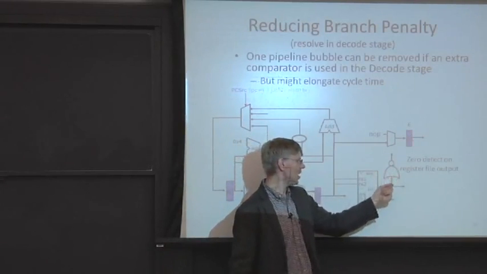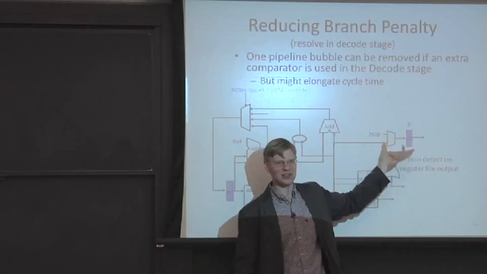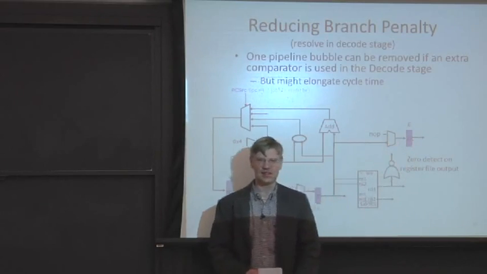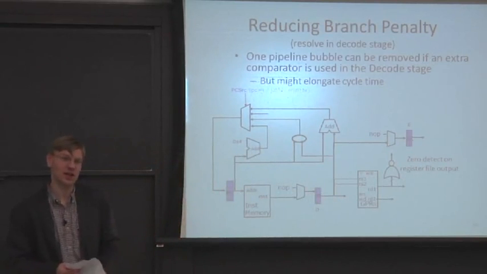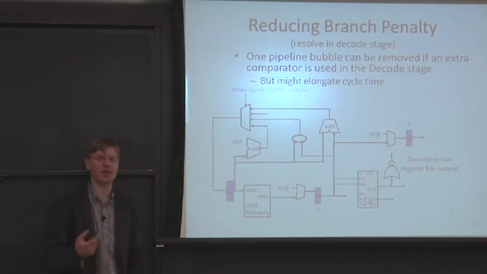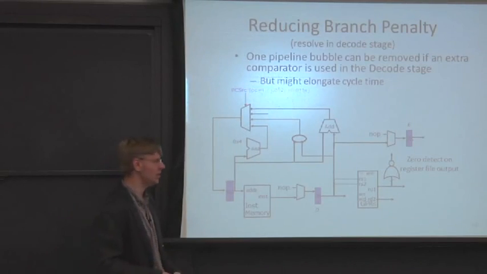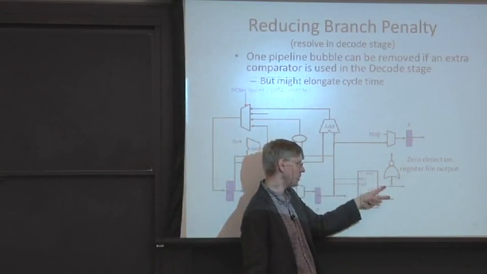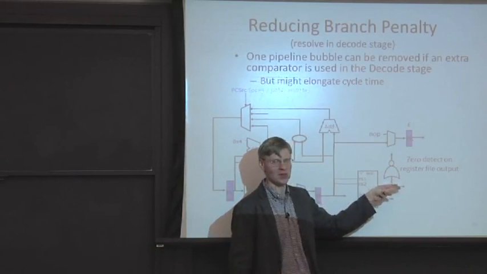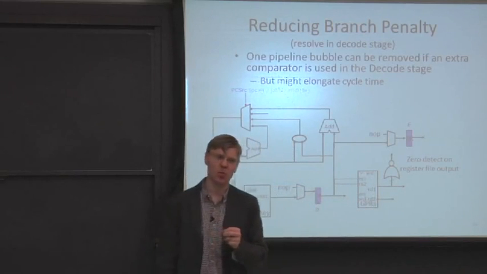But this is effectively a big OR gate where you OR in all 32 bits if you have a 32-bit processor, and then take the NOT of the result. This is easy for zero detect. This can get harder for different types of branches. If you have something like a branch equals or BEQ instruction, you can't use a zero detector. What you have to do instead is actually do a full comparison between two of the source operands, and that usually takes more time.